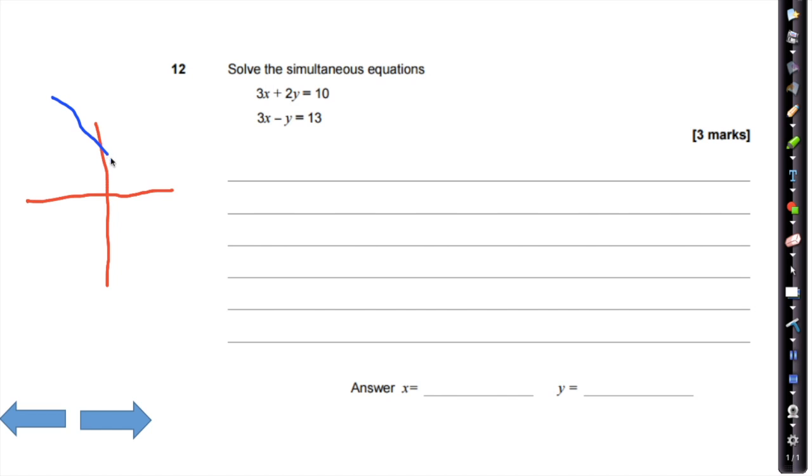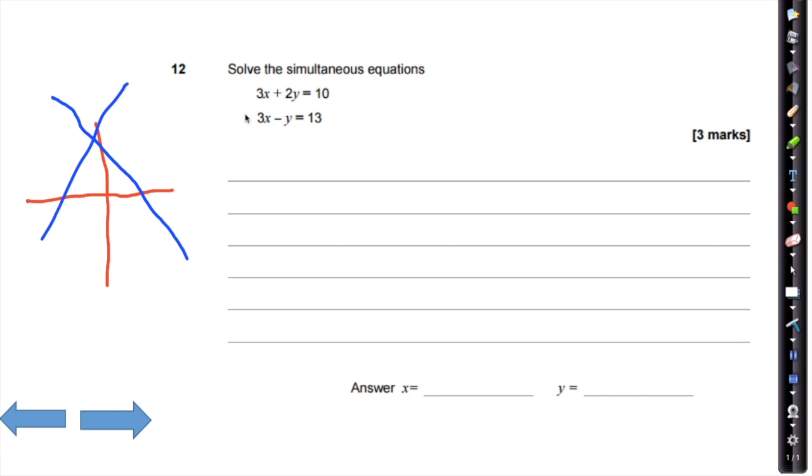like this. It would be a straight line. Obviously not with any of these kinks, it would just be a straight line straight down, and 3x minus y equals 13 would actually be a line looking a little bit more something like that.